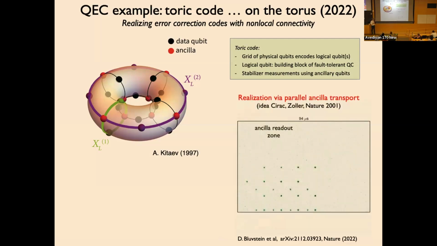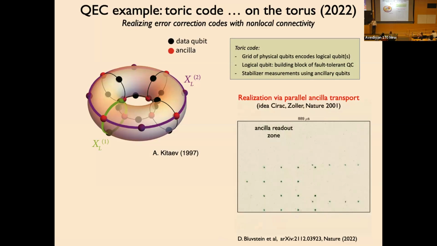But importantly, this toric code we can actually prepare using this two-dimensional architecture by just moving these ancilla qubits around, basically moving them non-locally, such that we can really close the boundary condition.